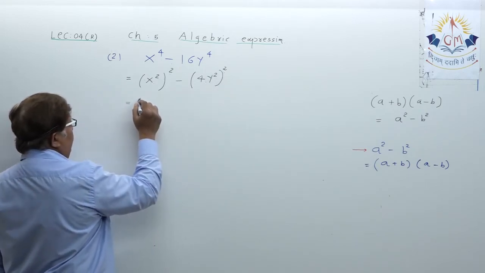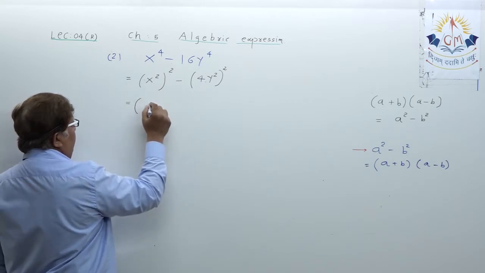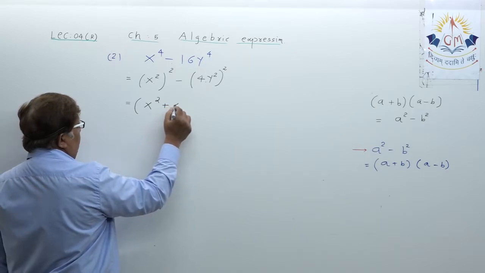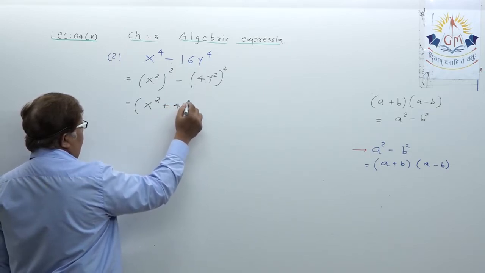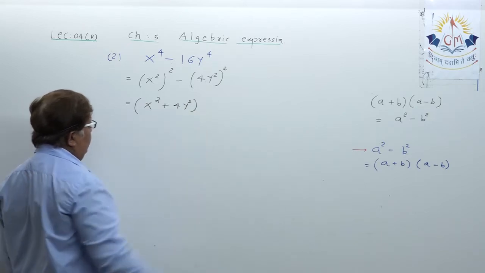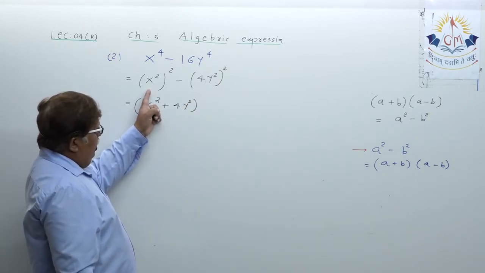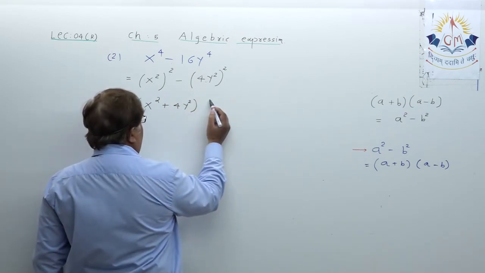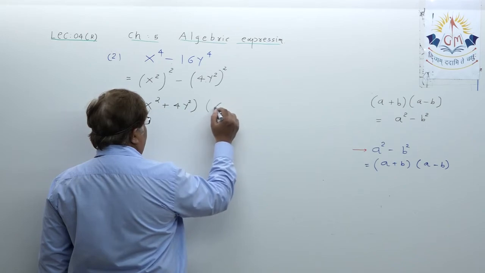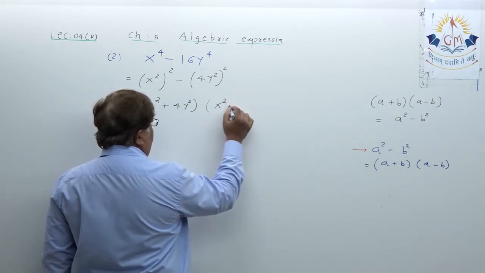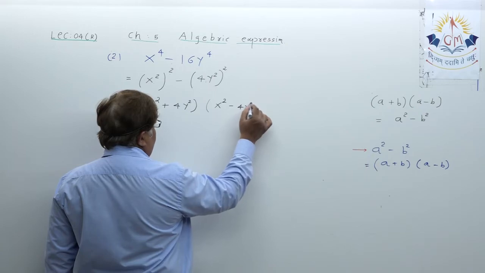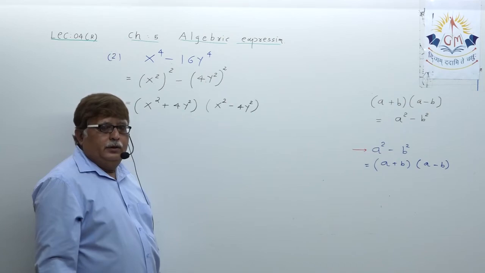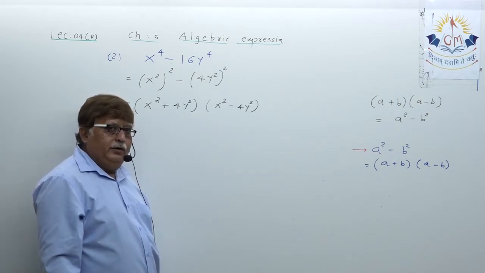Let us write accordingly: A plus B, x square plus 4y square. A plus B, and then, dear student, A minus B, a plus b, a minus b.